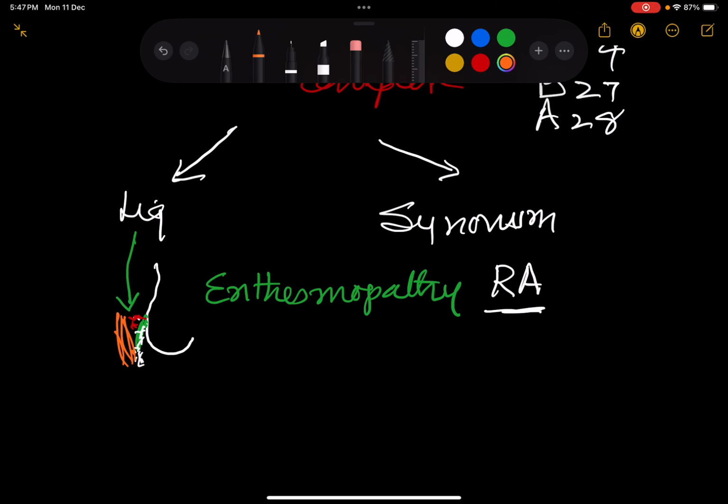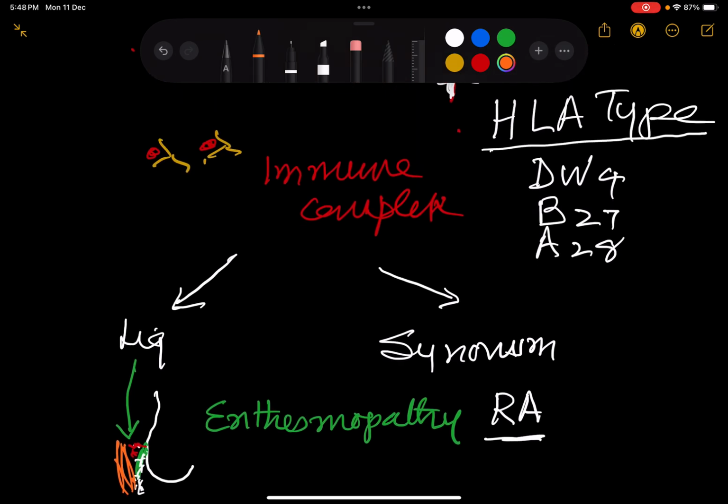Synovium is involved in rheumatoid arthritis, but there is a third type of involvement also which we must look for every time, and that is soft tissue.